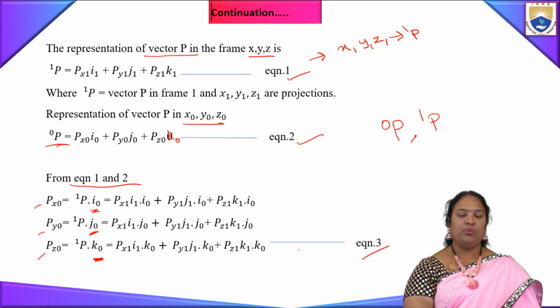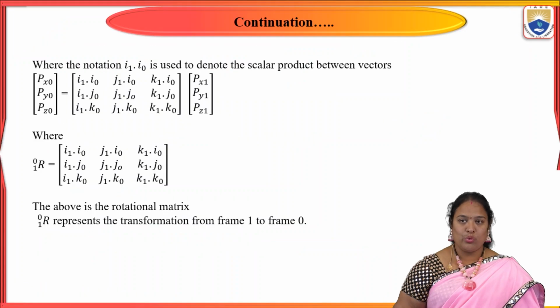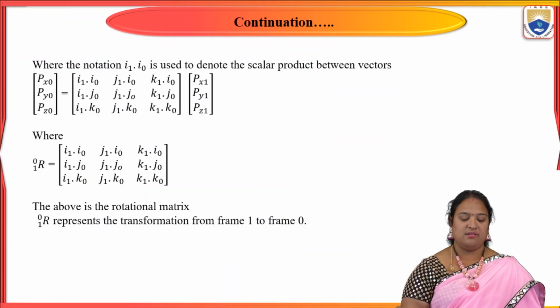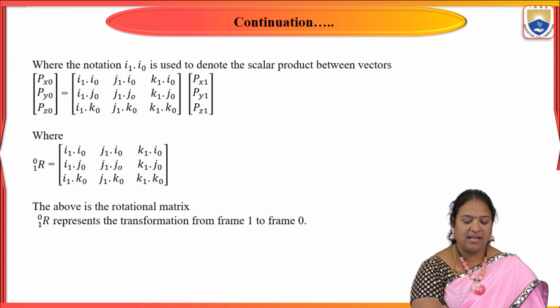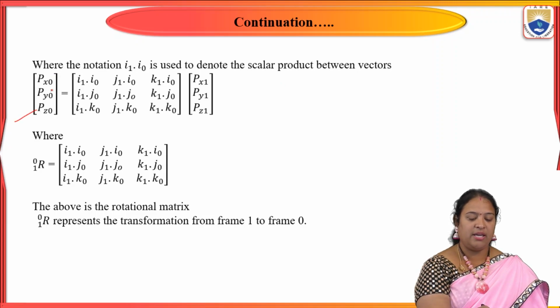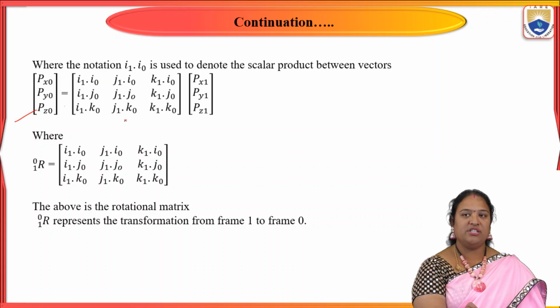When these equations are written in terms of matrices, rotation matrices, how do we see it? Here we consider px0, py0, pz0 equal to the projection equation: i1 i0, for column 1, then i1 j0, i1 k0.